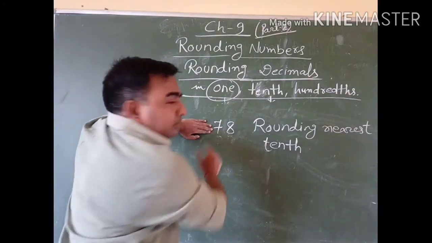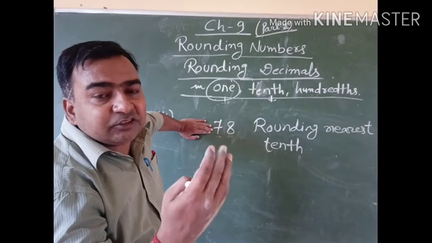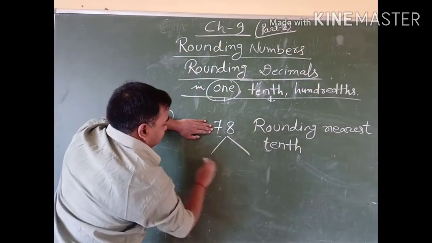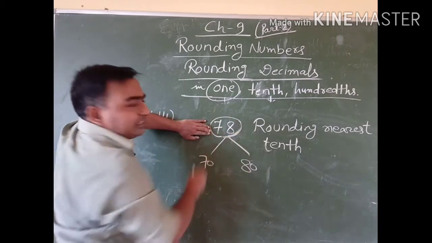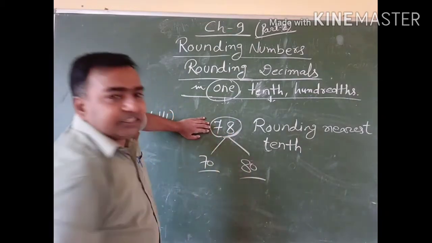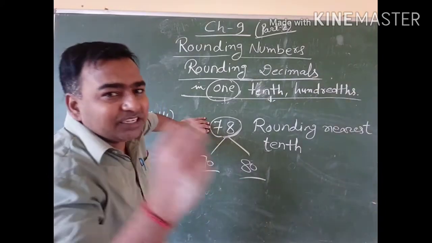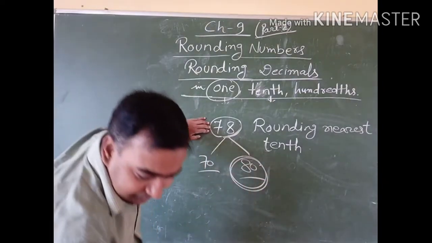Because this is a 2-digit number, when we change 78 to nearest 10, what is the answer? 70 or 80? 78 किसके नजदीक है, 70 और 80 किसके नजदीक है? The answer is 80. Simple.